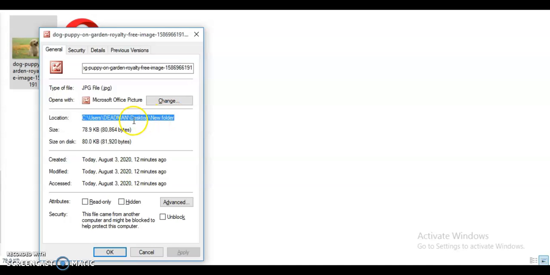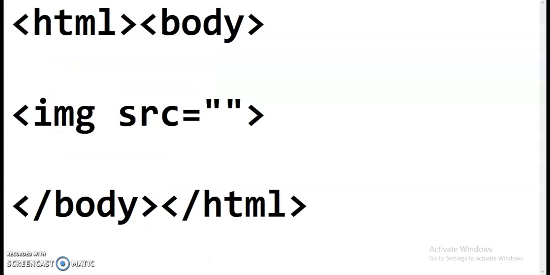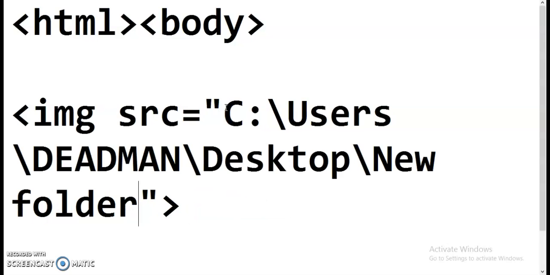So it is here on the desktop in a new folder. So we have copied that. And I come here to the notepad. And within the quotes I'm copy pasting it.